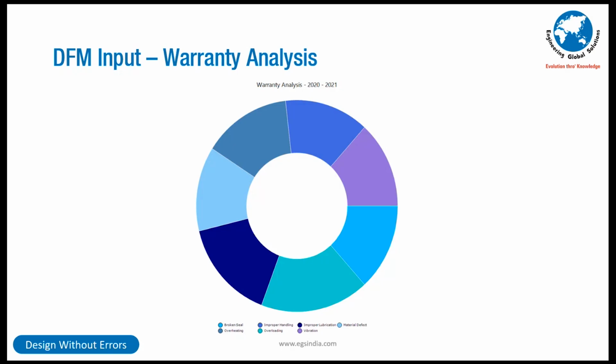This is where we come in with regard to the intent of this webinar. The goal has to be very clearly given as to why I am doing DFM. What is the outcome of this DFM? What are the benefits with regard to the organization as well as the customer experience with regard to the product that we are giving to them?